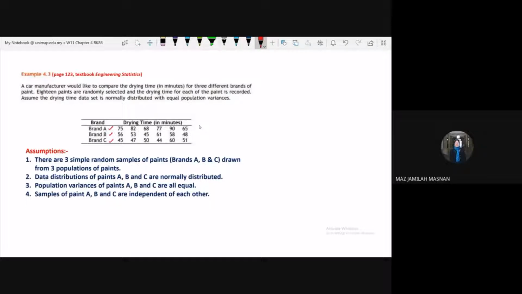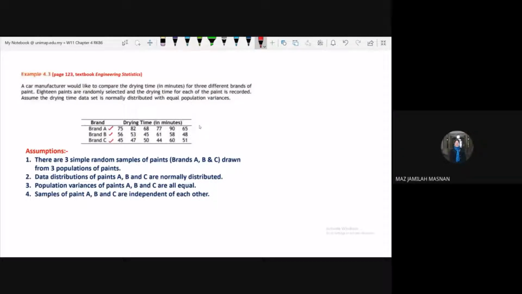Of course, when talking about drying time, we would like to shorten our time so that it saves cost on the manufacturing side. So we are looking for a shorter drying time so that completing the production of the car would be much faster.